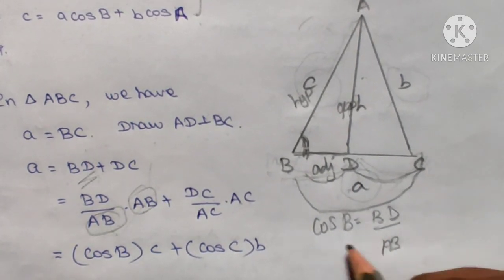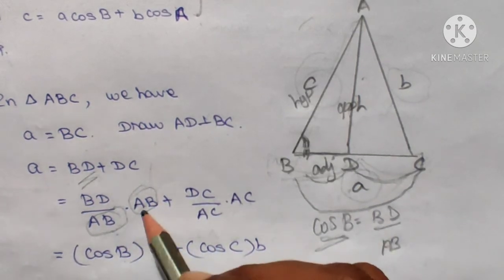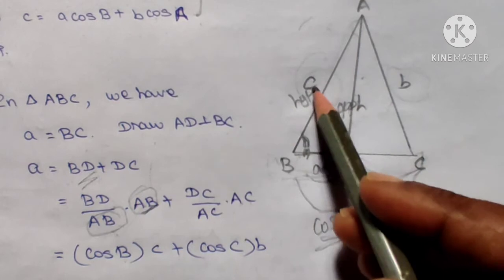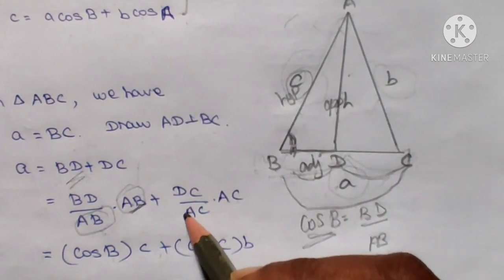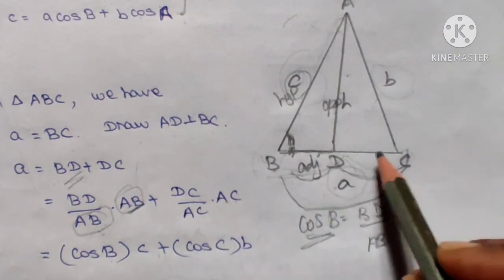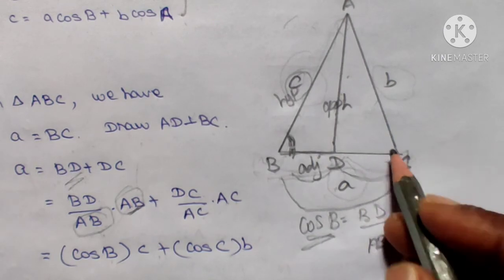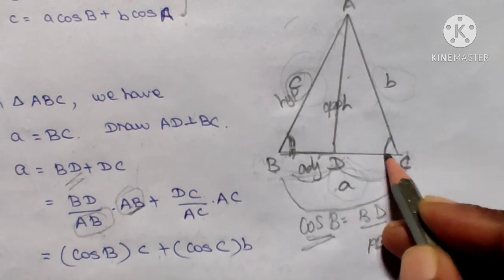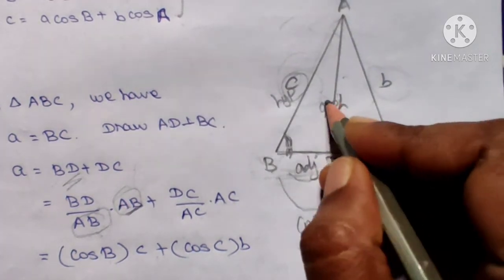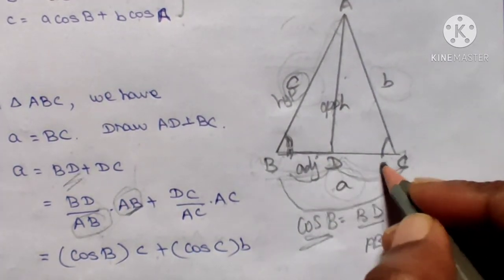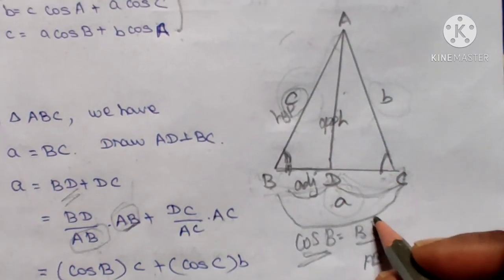So BD by AB, what's the value? Cos B. So here you write cos B into AB, which is c. Cos B into c, plus next one is DC by AC. DC by AC is, for the angle you selected, cos C. Cos C is equal to opposite side AD, adjacent side DC, hypotenuse is AC.